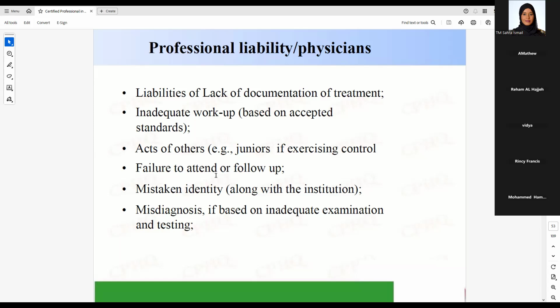Failure to attend and follow up with the patients on their care. Mistaken identity along with the institution, I'm not sure what this means. And then misdiagnosis, if based on inadequate examination or testing, is part of the physician's professional liability.